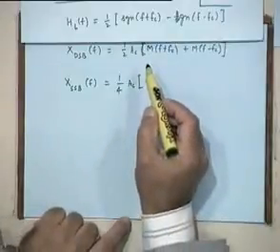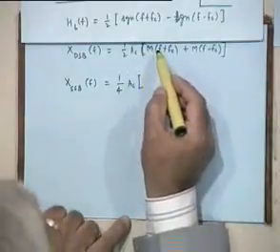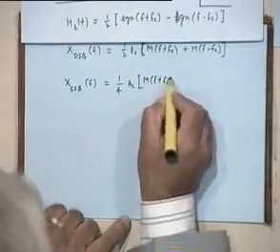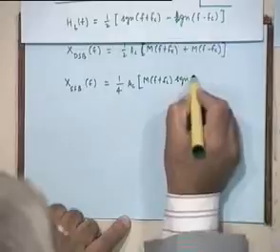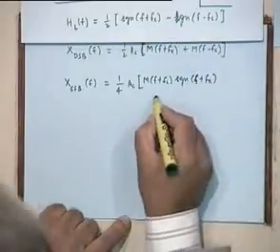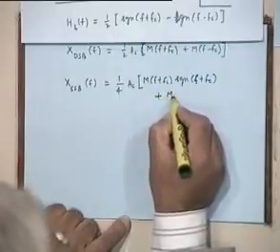So if I multiply this first with M of F plus FC, you will get signum F plus FC, plus M of F minus FC.